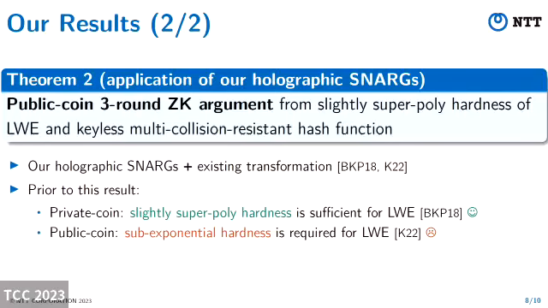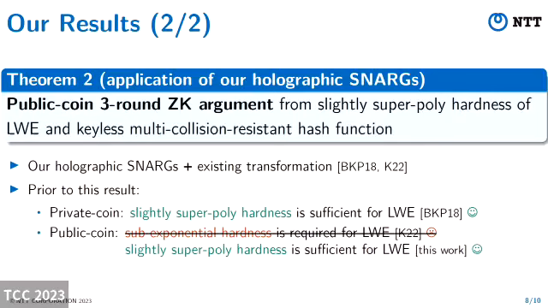So there is a certain gap between the existing public coin and private coin 3-round zero-knowledge. The contribution of this work is to close this gap by showing that slightly superpolynomial hardness is sufficient for LWE, even for the case of public coin 3-round zero-knowledge.